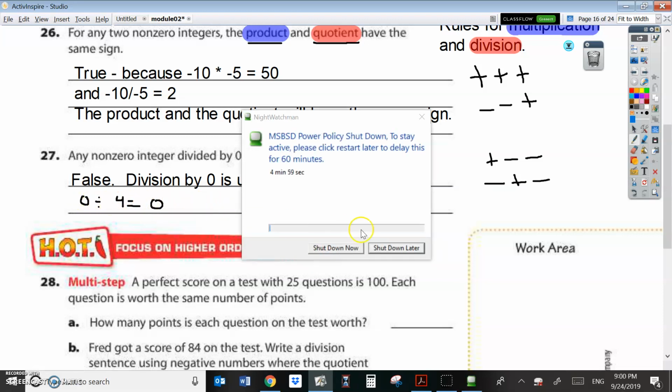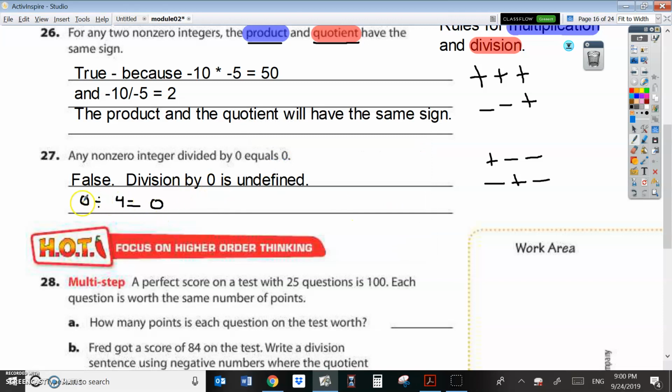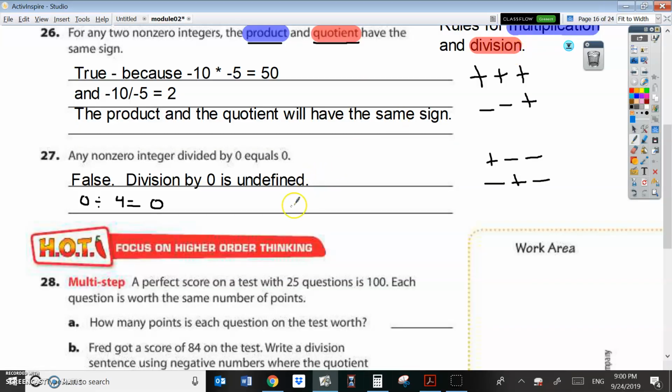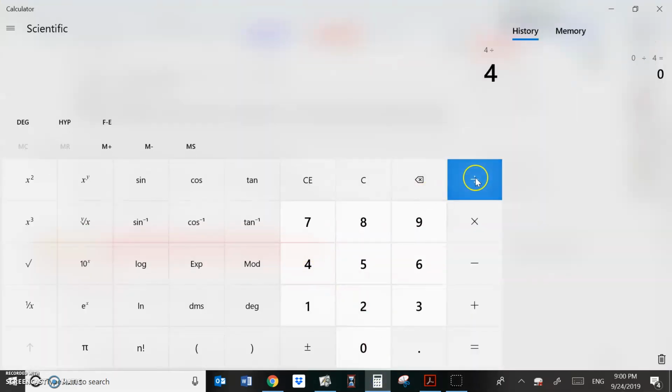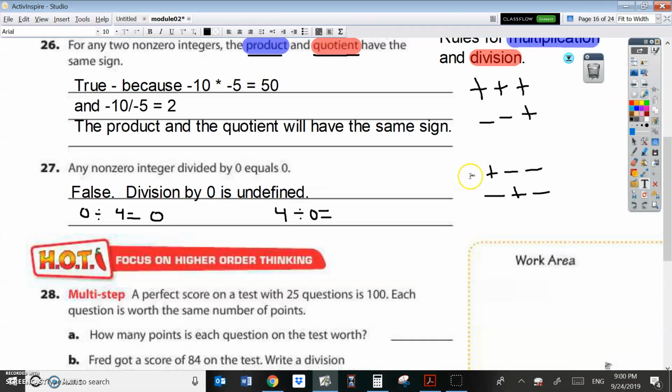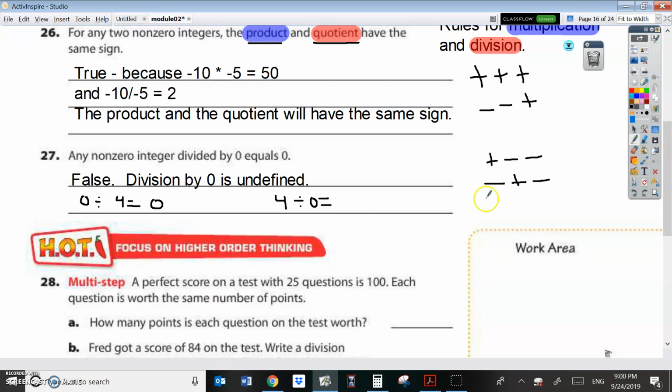Zero donuts divided by 4 friends equals 0. 0 divided by 4 is 0. Okay? But now if you switch it and say 4 divided by 0, look and see what happens there. 4 divided by 0, you cannot divide by 0, so that's undefined. No can do.